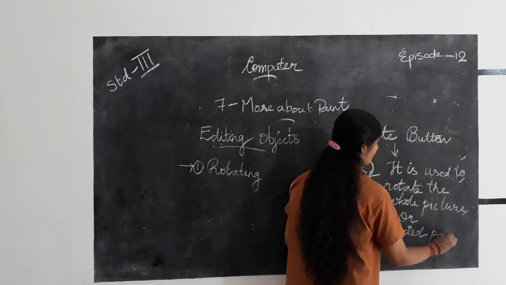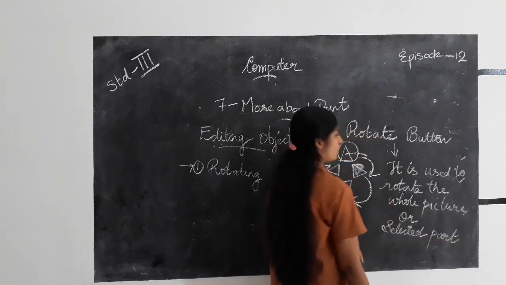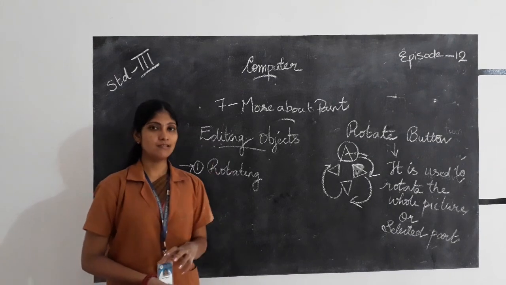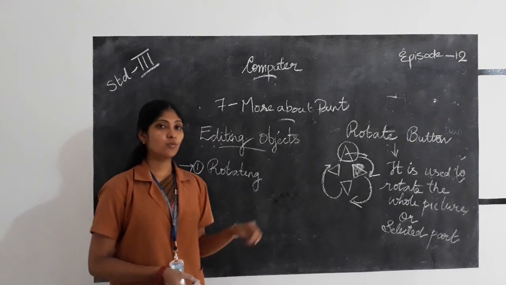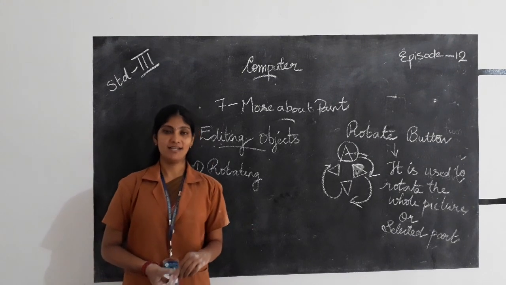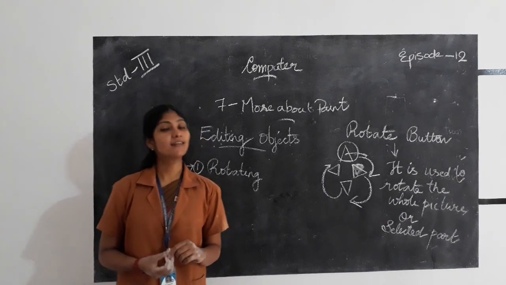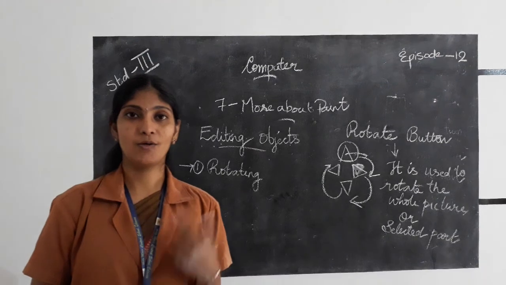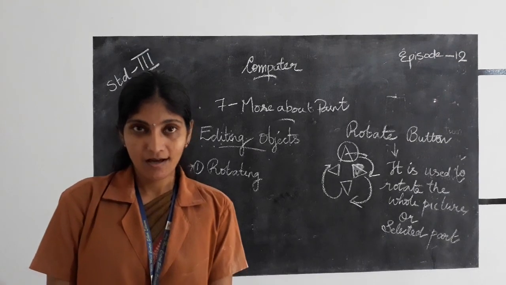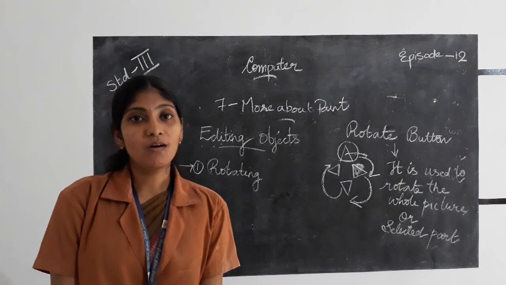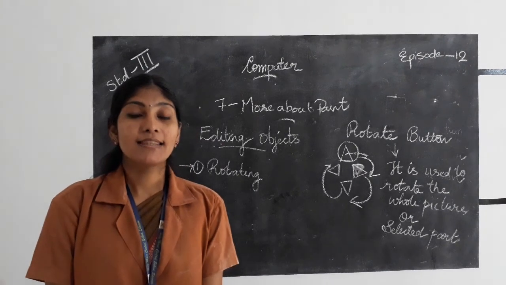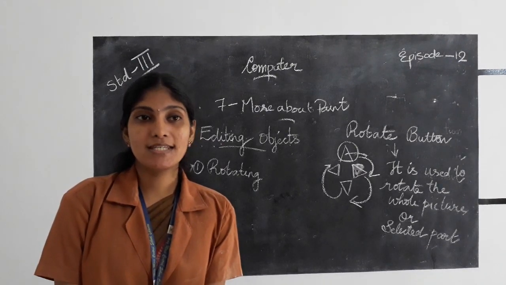So if you want to rotate any object or a picture from the Paint screen, you can go to which button? Rotate button. What is the use of a rotate button? It is used to rotate the whole picture, or we can rotate the selected part. Then there are some steps for rotating the picture.